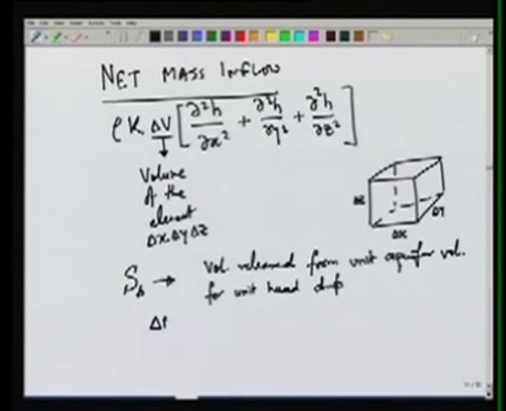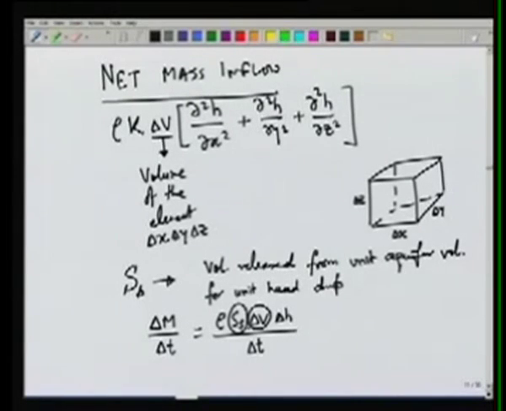So if we want to find out the volume of water released from this elemental volume for a head drop of delta H, we can write an equation which tells us that the mass released per unit time from this elementary volume can be written as rho Ss delta V delta H over delta T. The way we write this expression is that Ss is from a unit volume, therefore we have to multiply by the volume of the element.